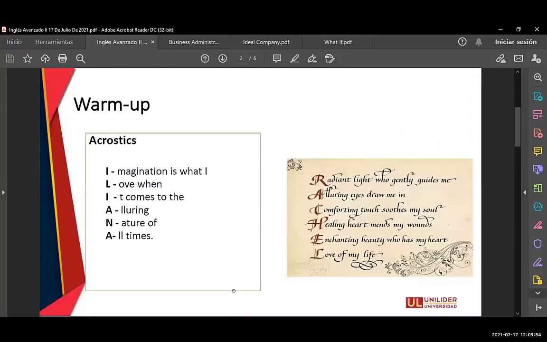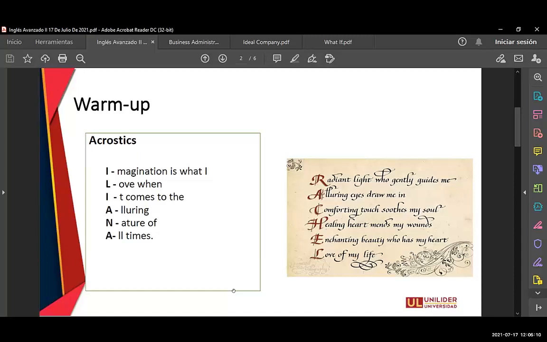Good. So we're going to start with a warm-up activity. The warm-up activity is called acrostics. What you're going to do is use your name to make a sentence using each one of the letters in your name.